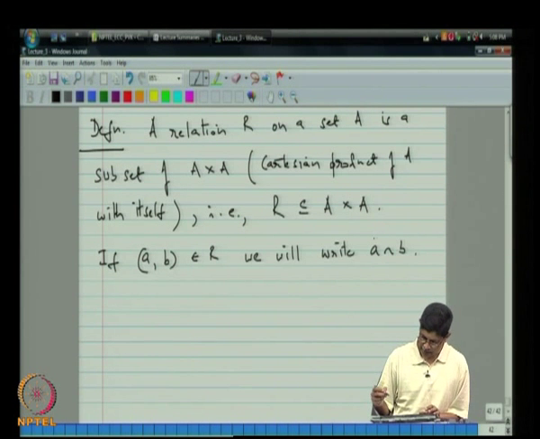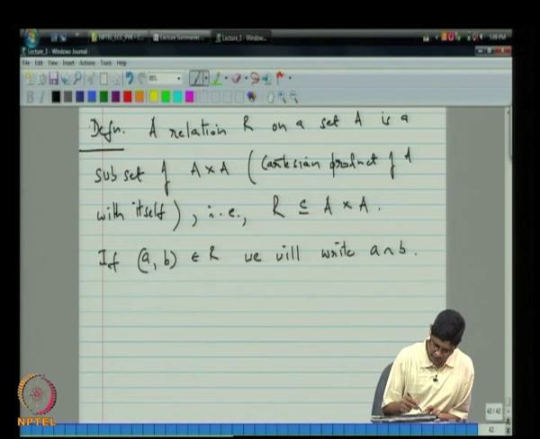And let me at the same time introduce some other notation.